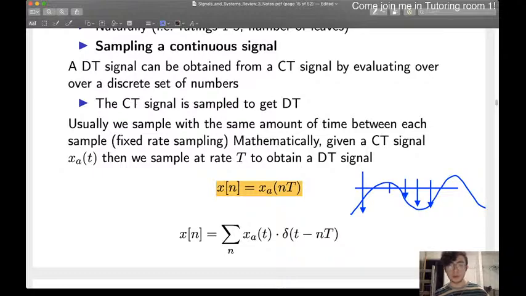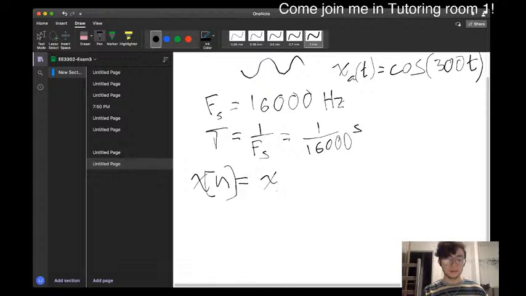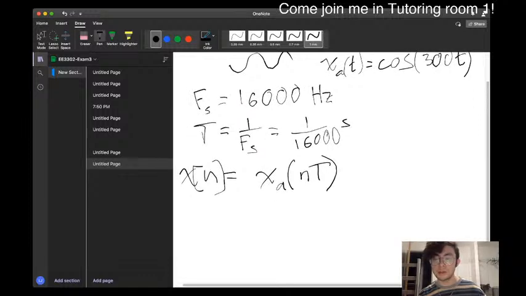So let me go back to OneNote, back to my handwriting. We get x_a, a sampled analog signal at a series of points corresponding to our sampling rate.